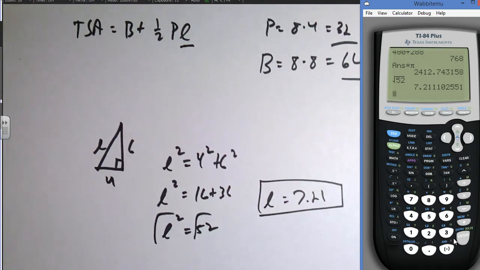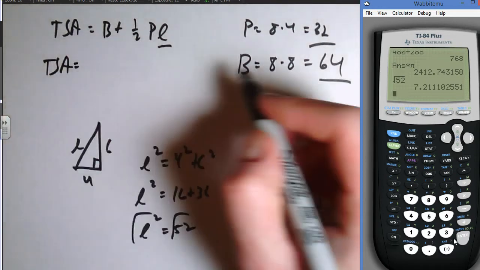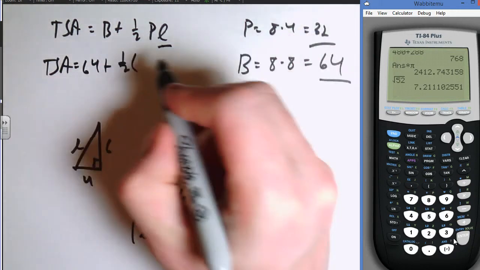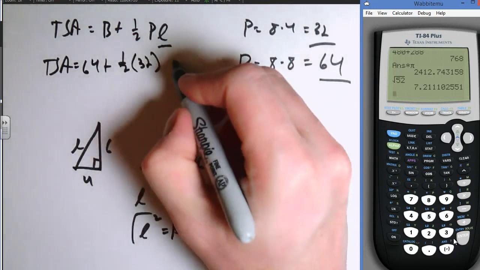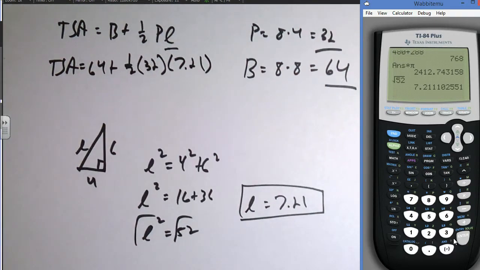So there we go. Now to find our surface area: area of the base plus 1/2 perimeter of the base times the slant height. You can plug that in as a decimal, or if you're really feeling fancy, you could just do 64 plus 0.5 times 32 times the square root of 52.